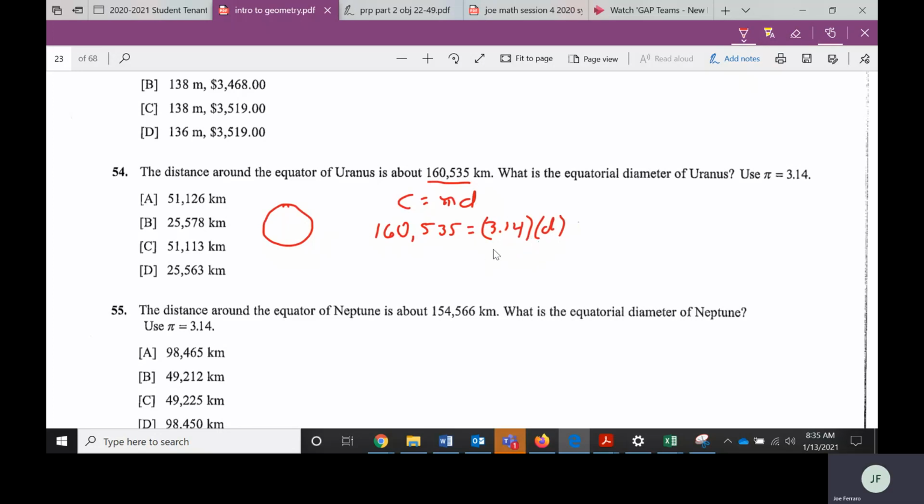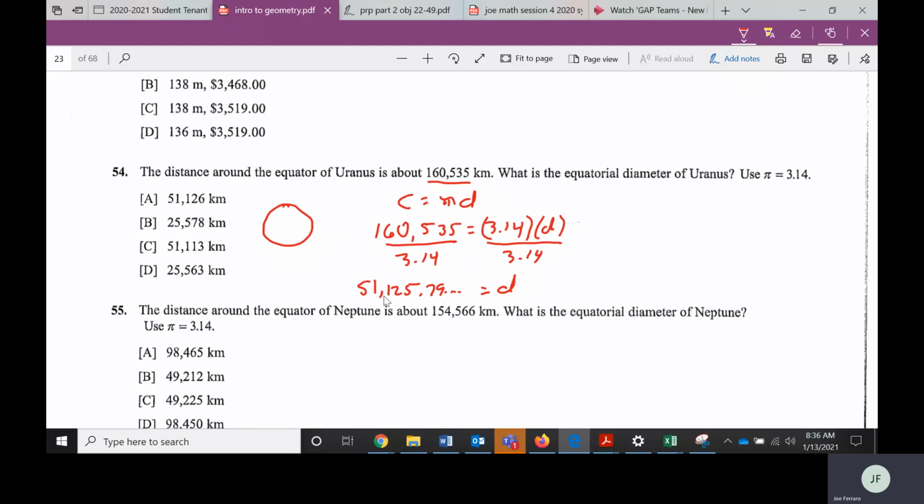Now guess and check would be hard on this. We haven't done algebra this year, but simple algebra would say if you're multiplying a number times a variable and you want to find that variable, you do the opposite of what's being done. So you would divide each side by 3.14. You'd have the d left over here, and when you divide, you're going to get 51,125.79 and so on.